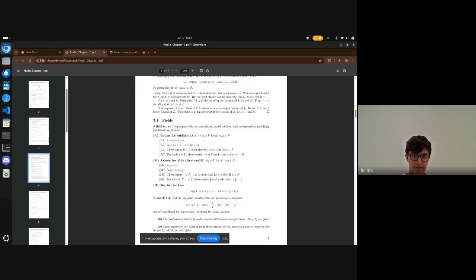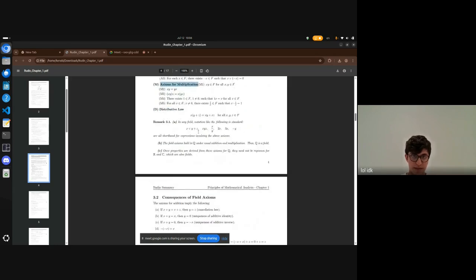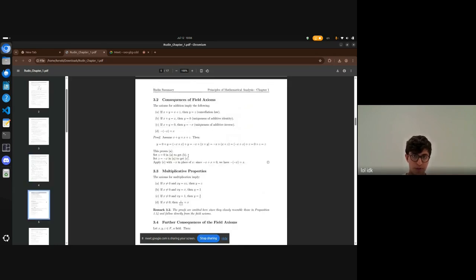And here we have the axioms for fields, for addition, for multiplication, the distributive law, the notations used, and the consequences of the field axioms. We get the cancellation law, the uniqueness of the additive identity, and the uniqueness of the additive inverse. If you want to prove this, it's really simple.